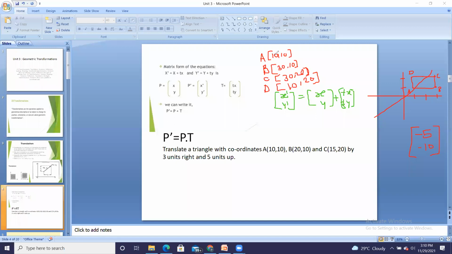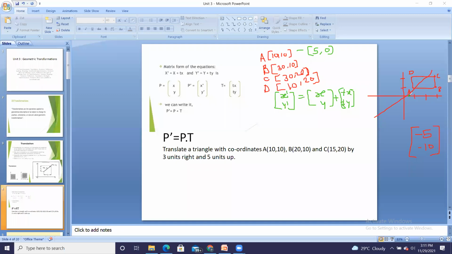I will get x value 10 minus 5, that is 5, and 10 minus 10, it is 0. So I will write here A dash as 5, 0. All of you agree with this? Yes, ma'am. Okay, so 5, 0 is my resultant coordinate. So it will lie on x-axis somewhere here.